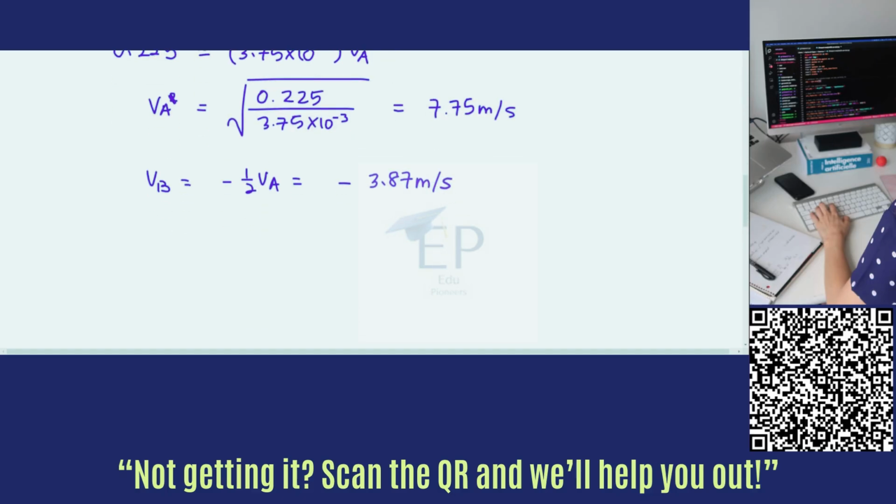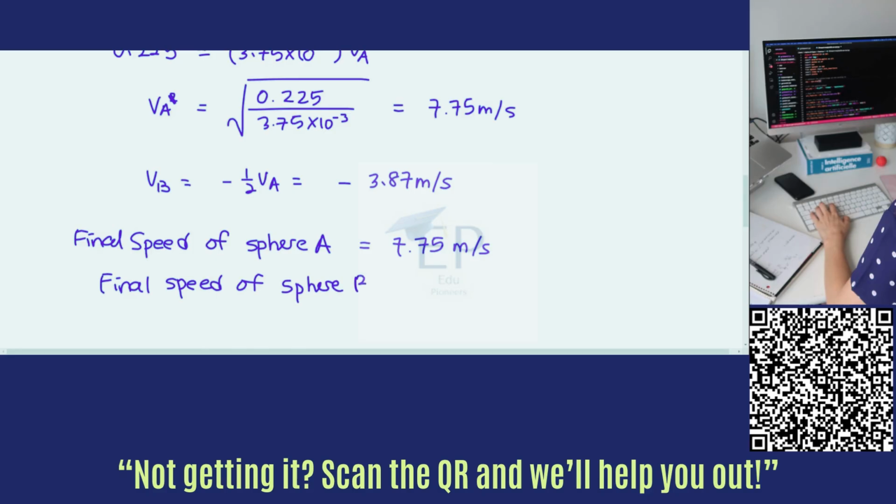Of course, if we are talking about the speed, the final speed of sphere A is 7.75 meters per second, and the final speed of sphere B is equal to 3.87 meters per second. So here are the answers for part C, and that's all for this question.